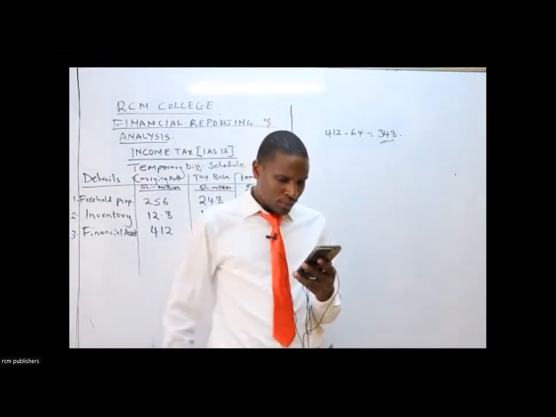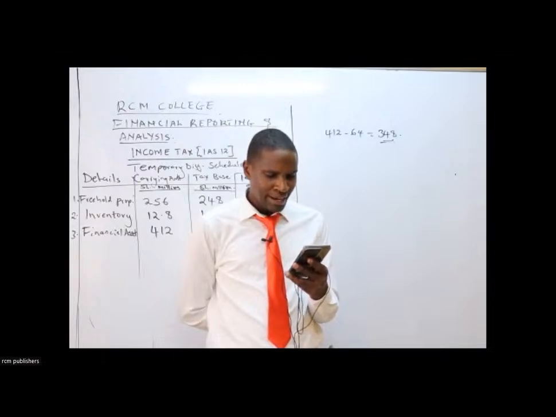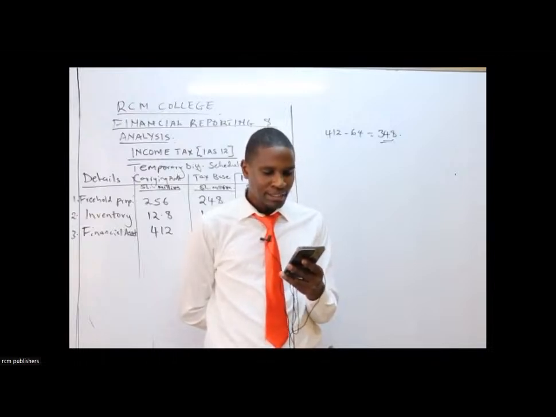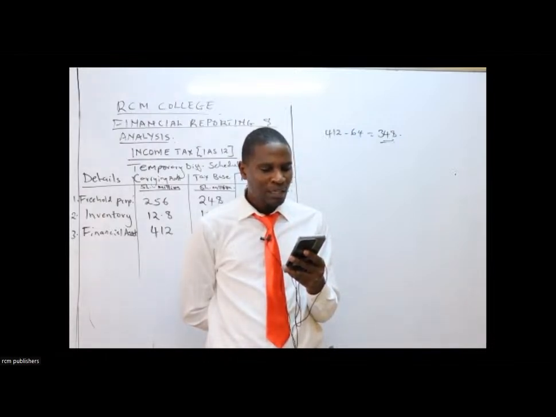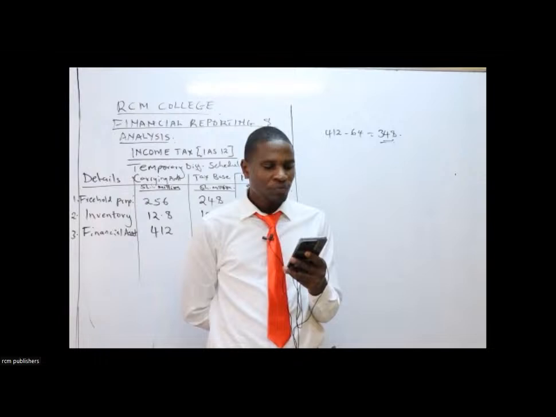We are told of a loan asset that had a carrying amount of 168. Then we are told that there is an allowance for credit losses of 32 million based on the 12-month expected credit loss.